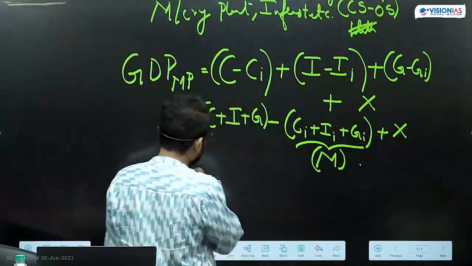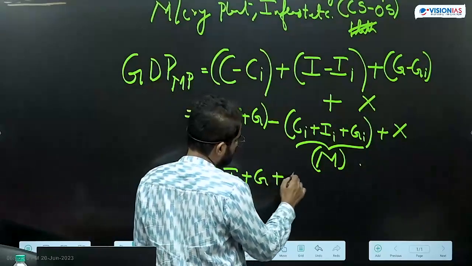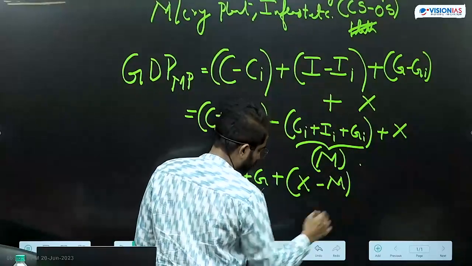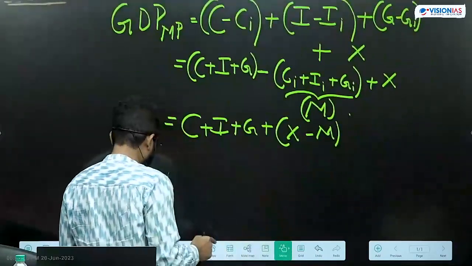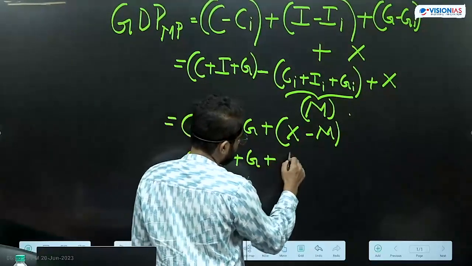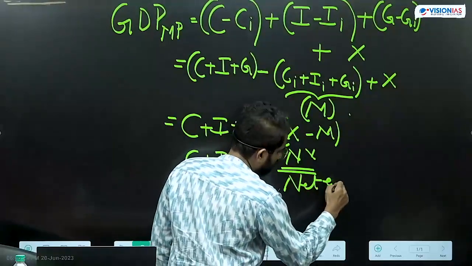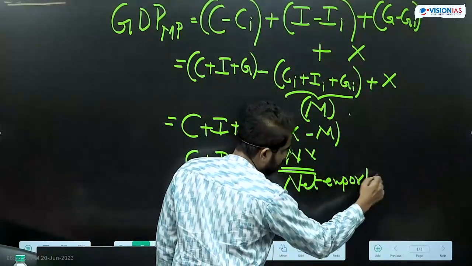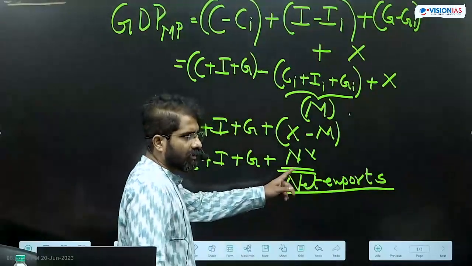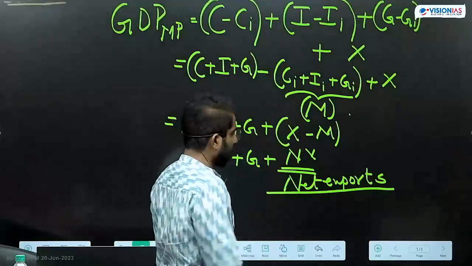So now the formula becomes C plus I plus G plus X, this is the export, minus M. So this again I can write as C plus I plus G plus NX. NX is nothing but net exports. Is this clear? I think we have done something similar in the investment model class. So net exports.